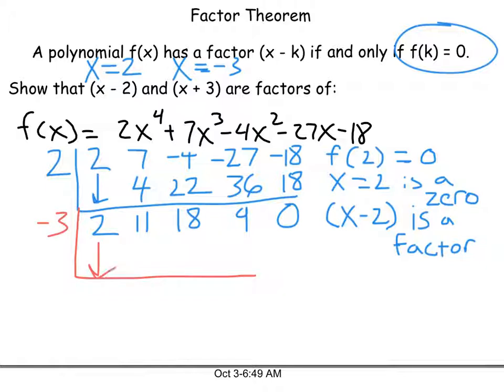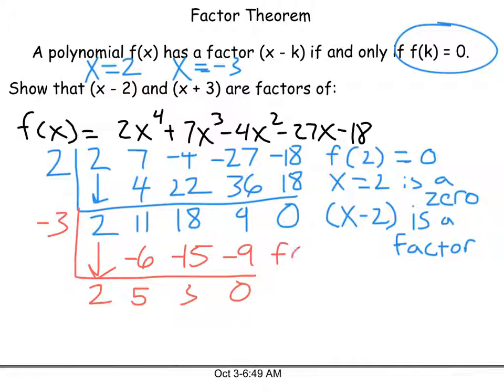Now I'm going to do negative 3, and it says, show that x plus 3 is a factor. So k is negative 3. I bring down the 2. There's negative 6. We get 5. That would lead to negative 15. 3. Negative 9. And of course, 0. Okay?